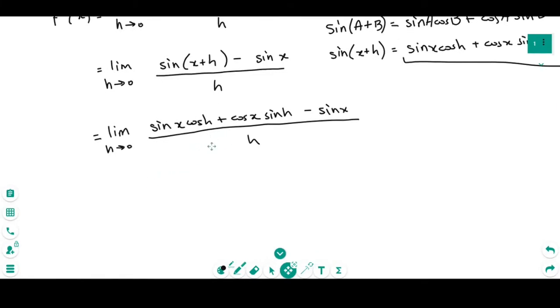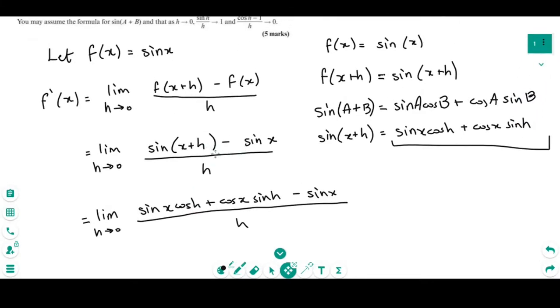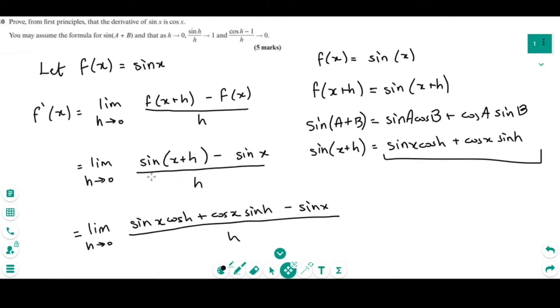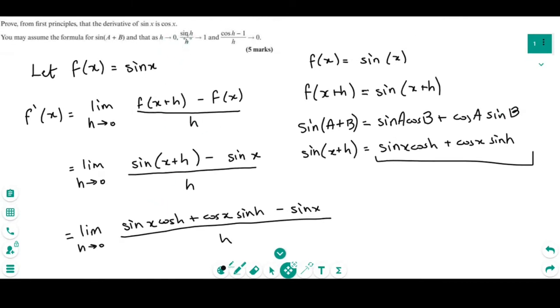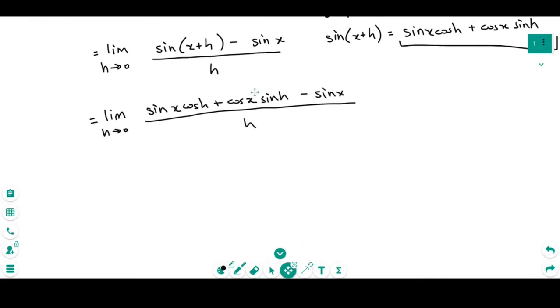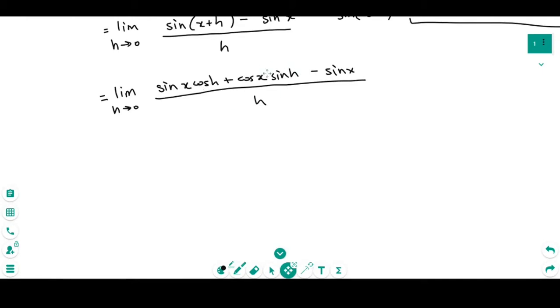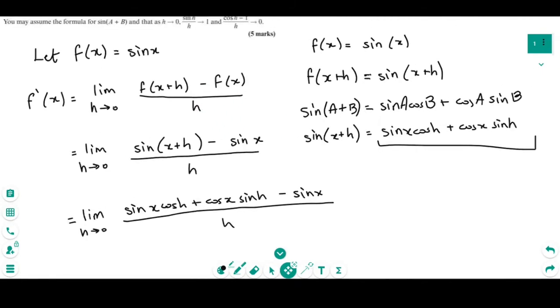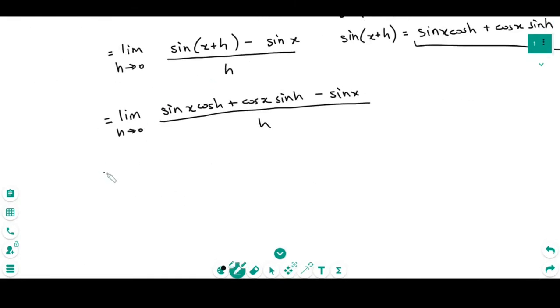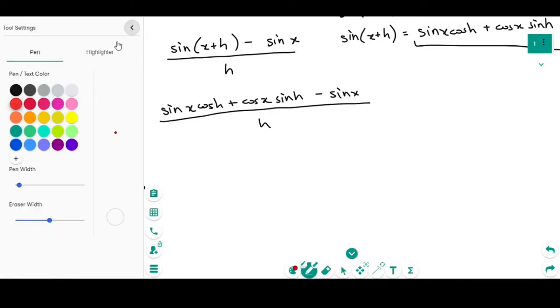Again, now it's not immediately obvious what to do, but we can again look at the question and see the information they've given us. They've told us that as h tends to 0, this tends to 1, and this tends to 0. So let's now maybe factorize or split this quantity up into this, and then we can then simplify. So we have limit as h tends to 0, and what I'm going to do actually is I'm going to group all of the sine terms into one fraction and all of the cos terms into one fraction. So more specifically, all of the sine x terms into one fraction.